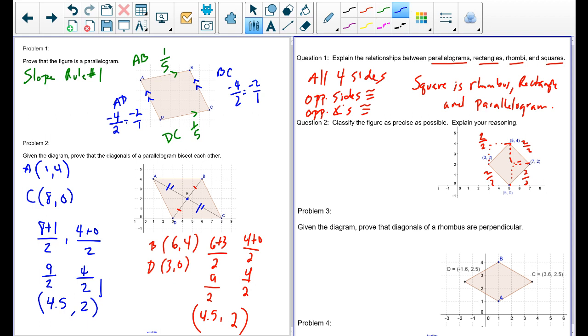Now when I look at that slope, these distances are all the same. So all sides are the same. So it's either a rhombus or a square, right? Then I need to look at my angles. So this is a positive slope. Here is going to be a negative slope, positive slope, and a negative slope. So are those fractions opposite and flipped?